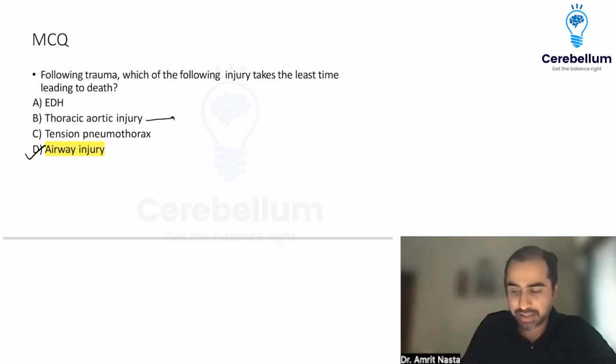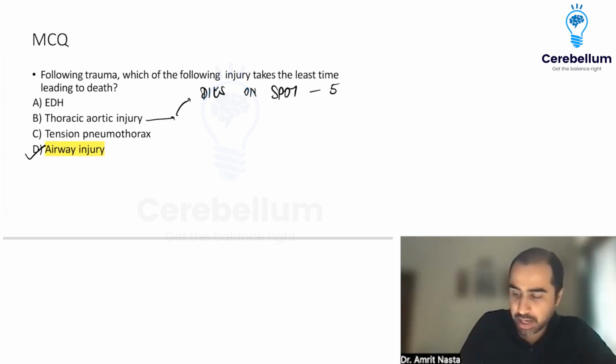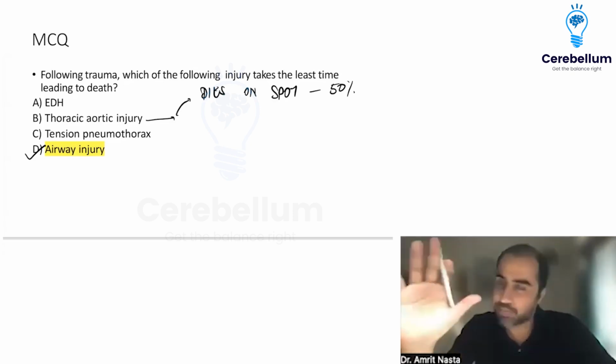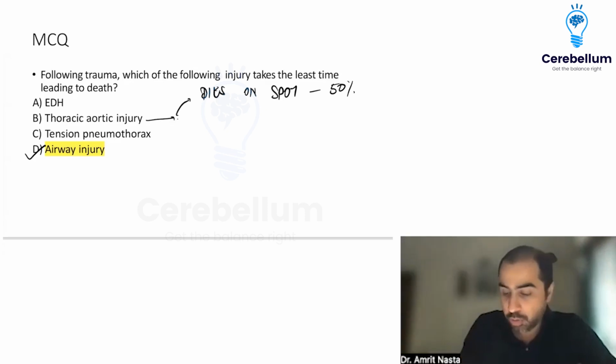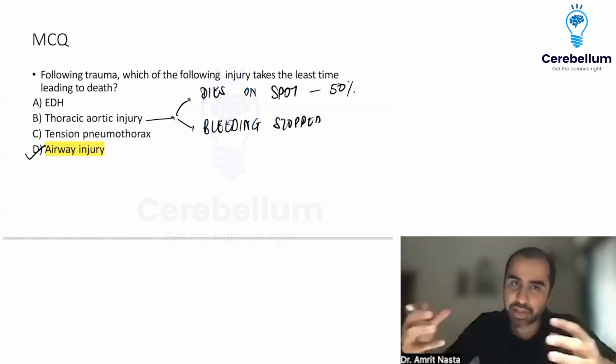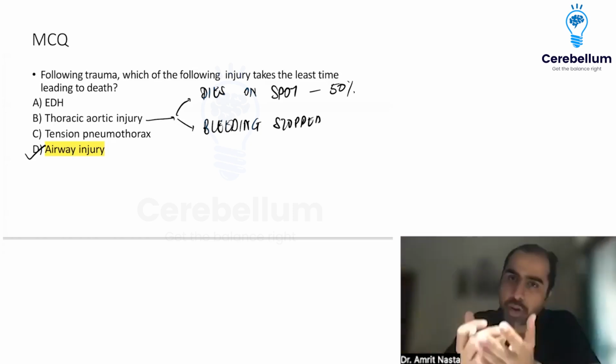So understand, when the aorta is injured, either the person dies on the spot and doesn't reach the hospital. 50% cases die on the spot. They are not diagnosed. Those who do reach the hospital reach it because the bleeding has stopped. It stops by itself because of some tissue around it, some natural tamponade, it will block it.